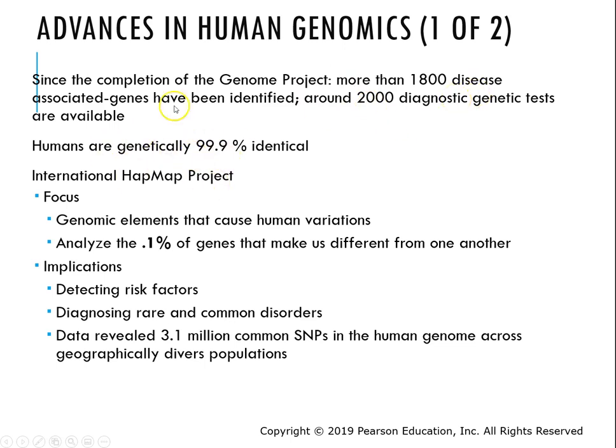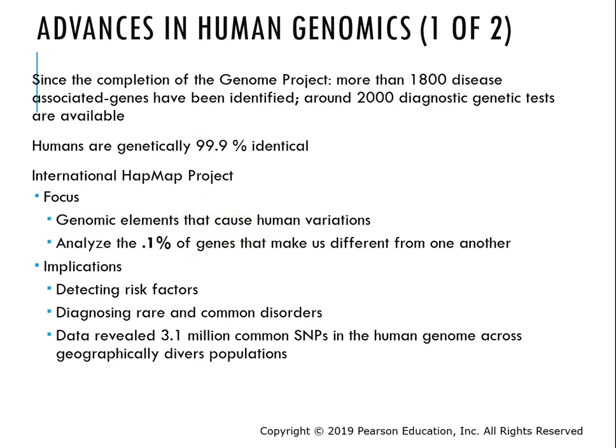I already mentioned this before, but humans are 99.9% identical. I mentioned this when I thought I didn't have this slide. There is this international HapMap project that was launched, and its focus is to analyze the 0.1% of genes that make us different from one another, and look at this on a larger scale.